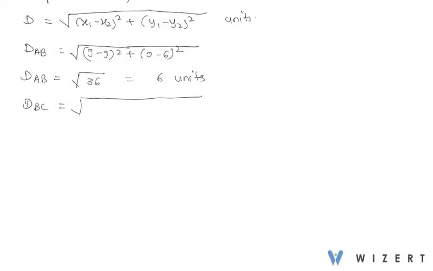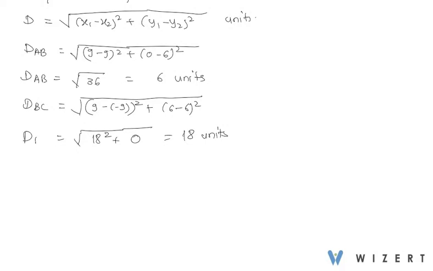So we get 9 minus (-9), which is 9 plus 9, so it is 18 squared, plus 6 minus 6 which is 0, and 0 squared is again 0. So it is nothing but the square root of 18 squared. So the value is 18 units.